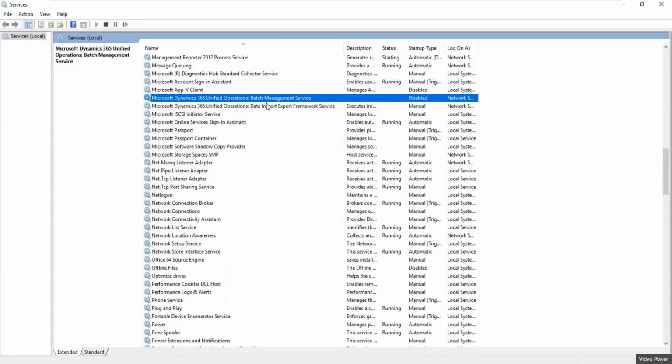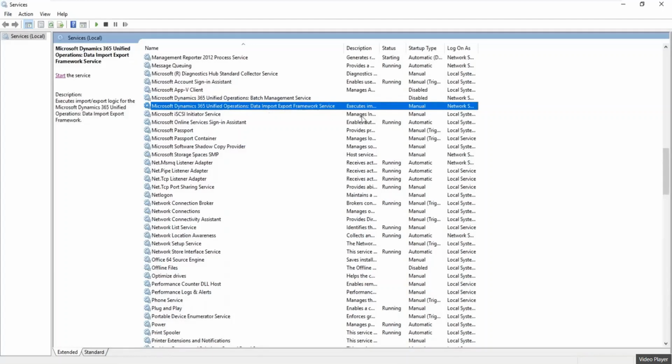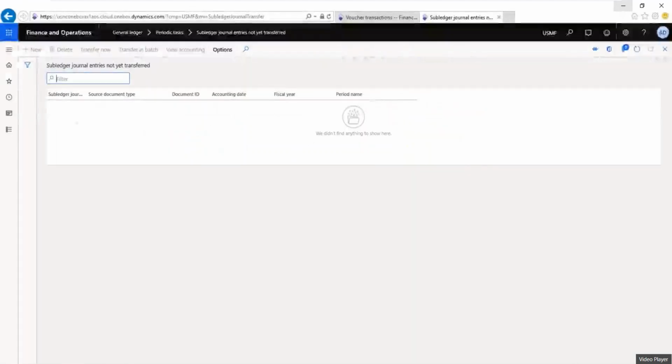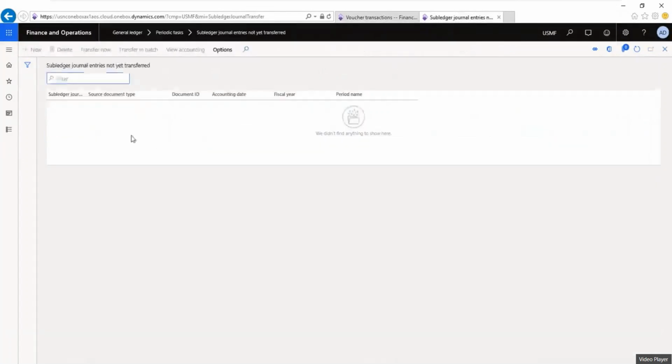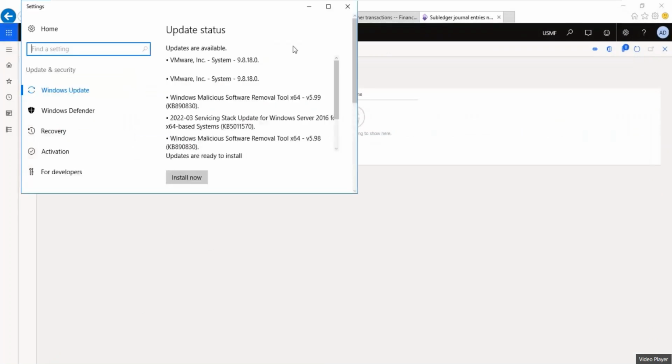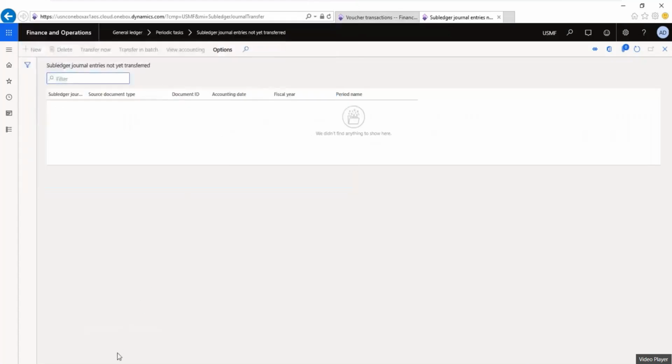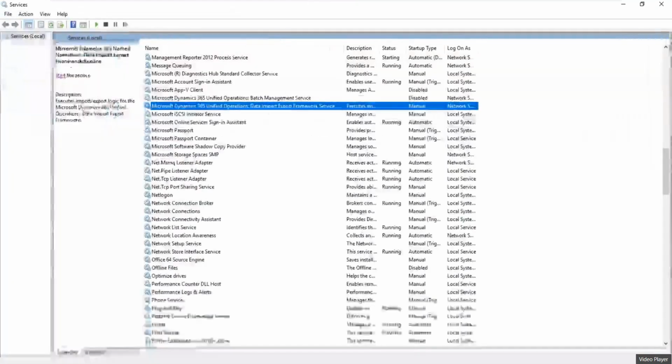I have disabled that, and Data Import Export Framework I have disabled. If these two are disabled, then application performance will be faster. The voucher will not be posted automatically, it will be here. You need to transfer now, then it will show the voucher properly. Free text invoice and vendor invoice will be shown after transferring now only. The reason behind this, as I told you, is that these batch jobs are uninstalled.